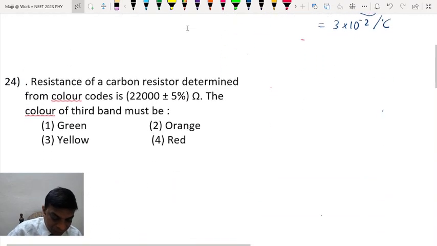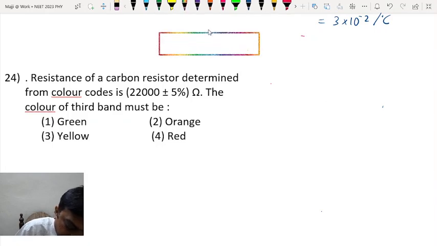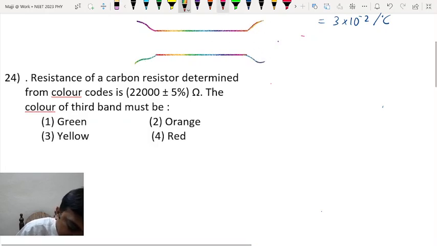The resistance of a carbon resistor is determined from color codes. What is the color of the third band? Again students, you should know that in a carbon resistor, usually the resistance is denoted by the colors of the different bands. Suppose we have this kind of carbon resistor.